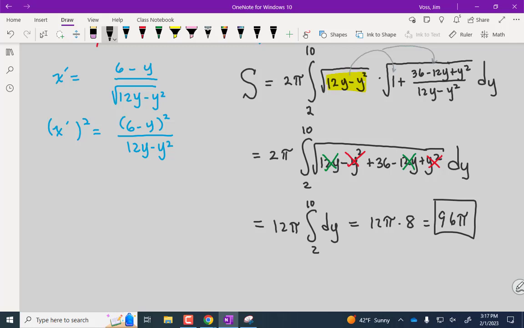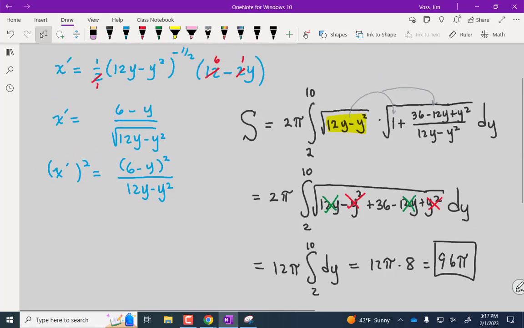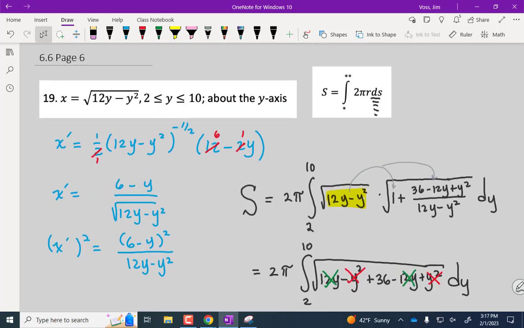Yeah? Going back to the last problem, the one before this one. Mm-hmm. So say they wanted it in terms of, what was it, x? If we are going around y, the distance to the y-axis is an x value, so the function has to be written as an x value.